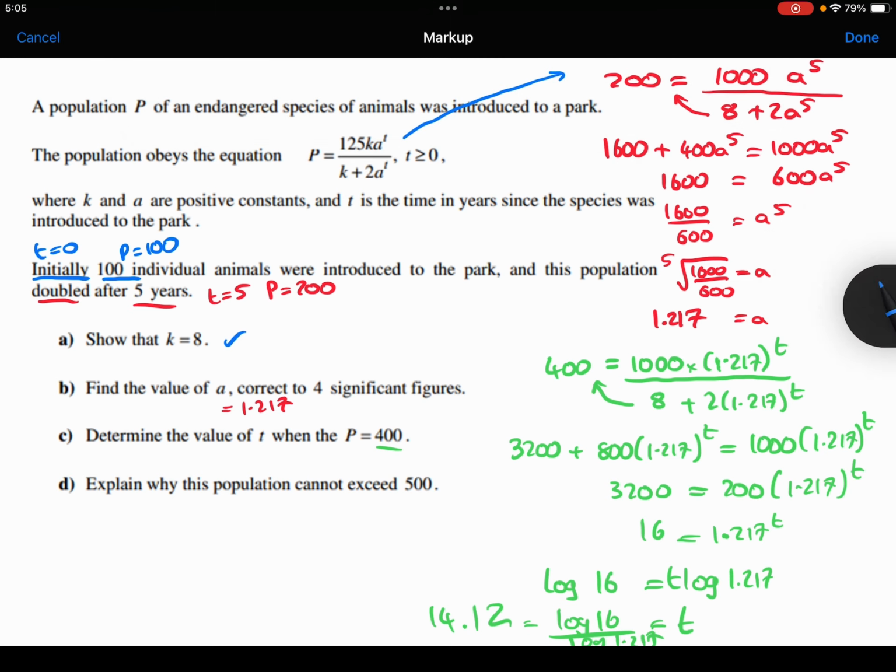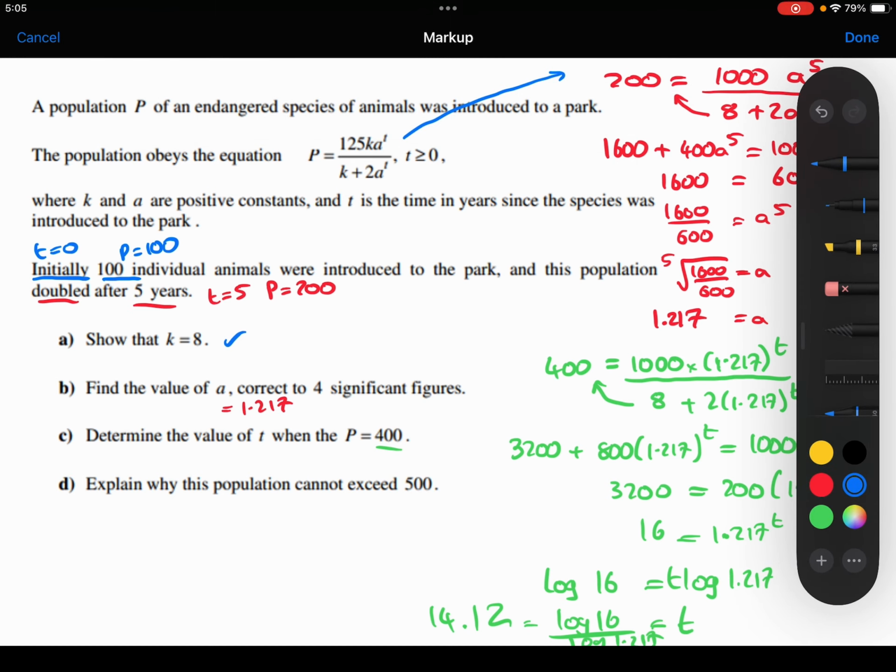Last part of this question, part D, says explain why this population cannot exceed 500. So again, let me just write down the formula. We've got that the population is 1,000 lots of the 1.217 to the power t, so I'm going to divide the top and the bottom by 1.217 to the power t.